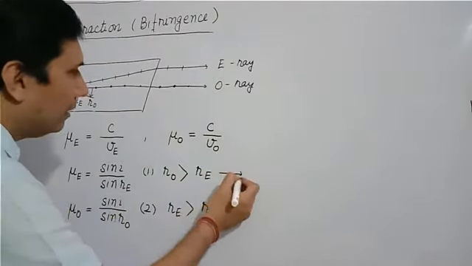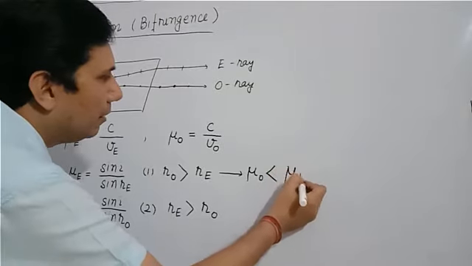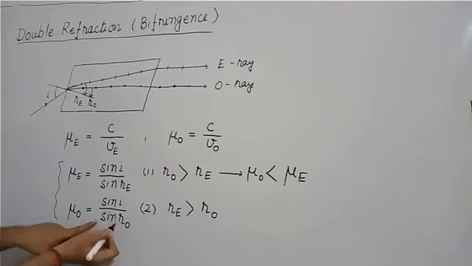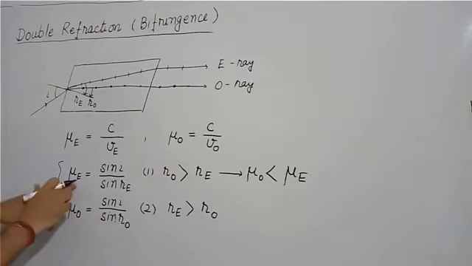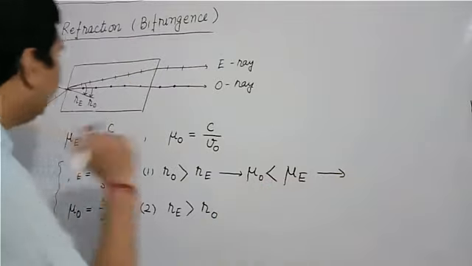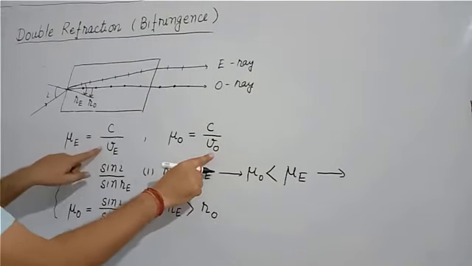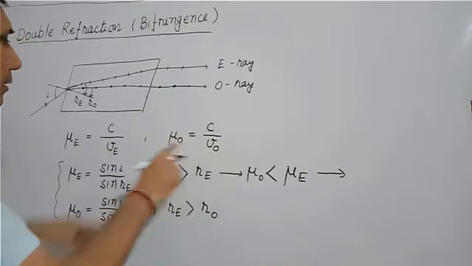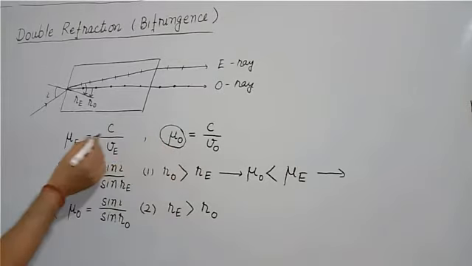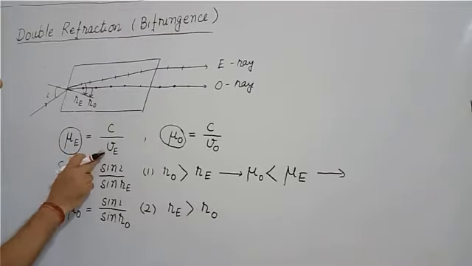So correspondingly, this mu O will be less as compared to mu E. From these two formulas, if RO is greater, then sin RO will be greater, and mu O will be less as compared to mu E. And this mu is inversely proportional to the speed of O ray and E ray.